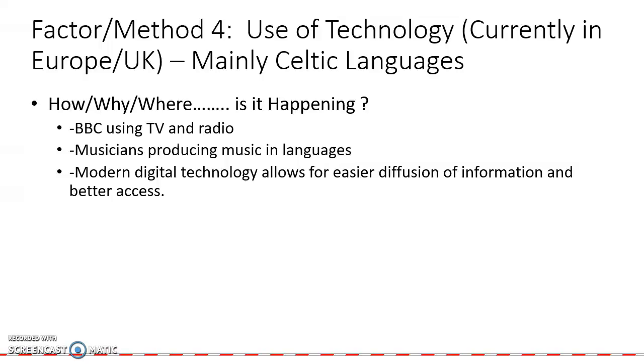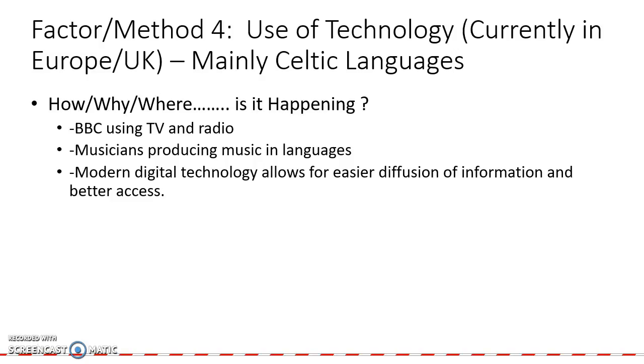And modern digital technology like Twitter and Facebook allows for easier diffusion of information and better access. They're also using technology like Rosetta Stone, where you can learn on tape or by listening to podcasts and such as well. So one of the best ways that they're trying to now revive extinct minority languages is through the use of technology, so that it's more accessible to people, and they're doing this in the UK to revive the Celtic languages mainly.